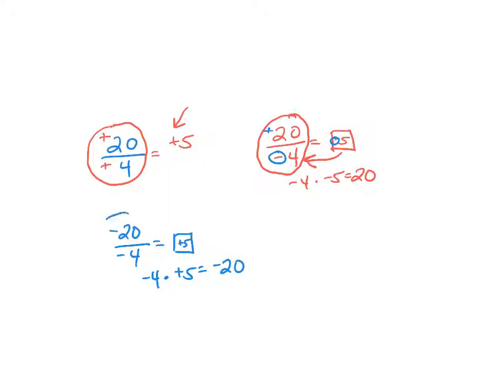So once again, I have a division problem. The signs are the same. They're both negative. I got a positive answer. So the rules for dividing are exactly the same as the rules for multiplying. If the signs are the same, the answer is positive. If the signs are different, the answer is negative.